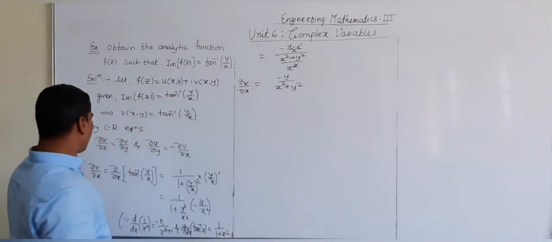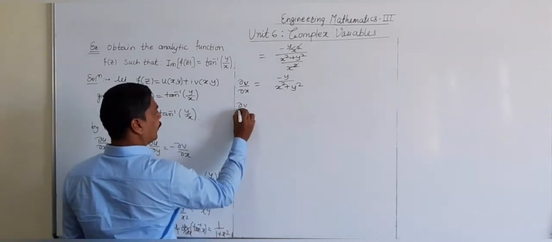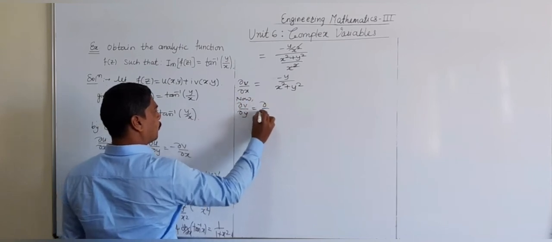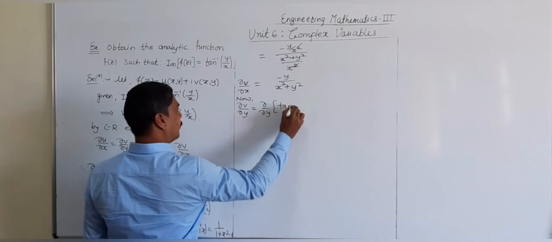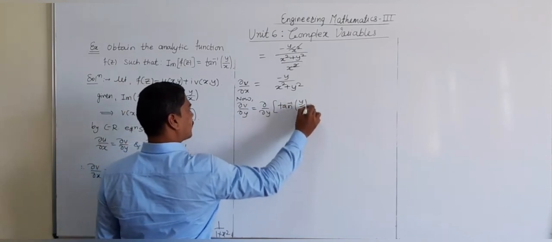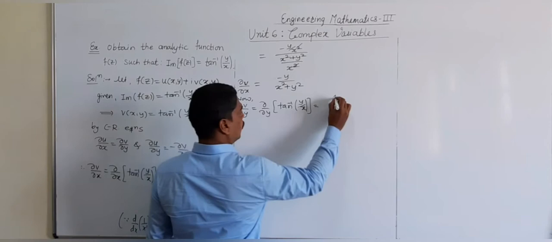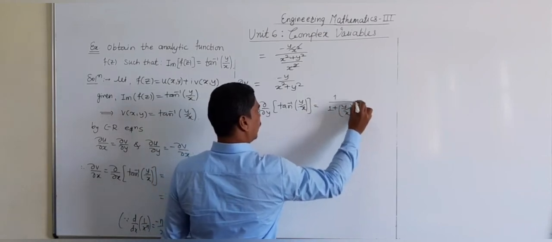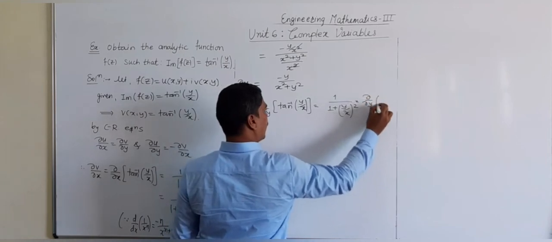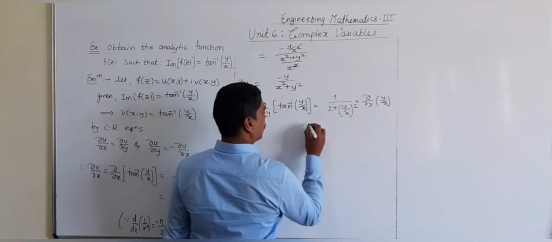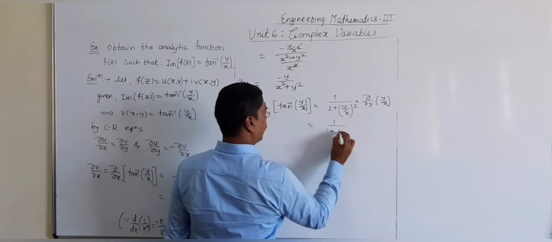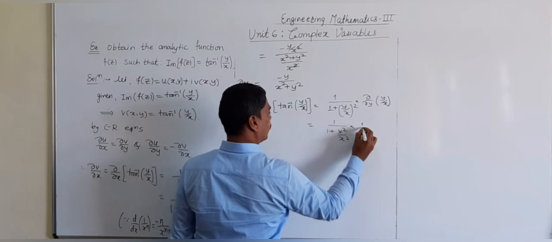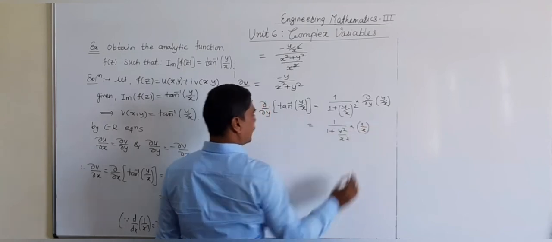Okay. And now the partial derivative of phi with respect to y becomes the derivative with respect to y of tan inverse y upon x. So this is equal to 1 upon 1 plus (y upon x) square into the partial derivative with respect to y of y upon x. So in that way we get 1 upon 1 plus y square upon x square into the derivative of y, which is 1, divided by x, constant as it is.